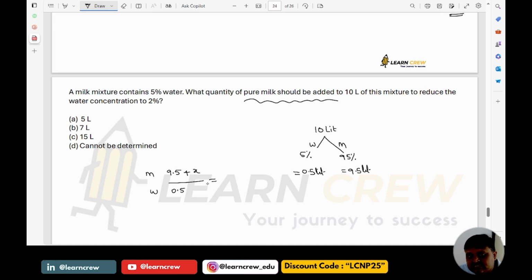Thereby the resultant mixture contains only 2% water. 2% water means the remaining 98% is milk. So 49 is to 1.